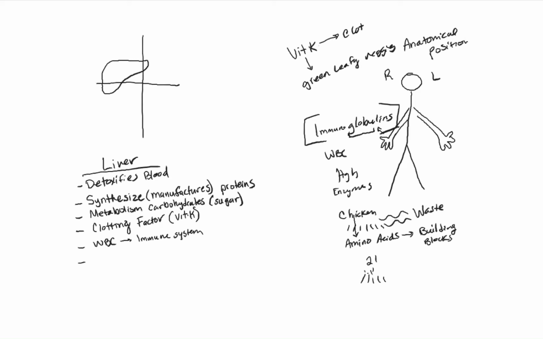The waste that's created when we break down proteins in our system is ammonia. The liver takes that nasty ammonia and converts it into urea so it can go in your urine and you can pee it out. Does that make sense, sir?